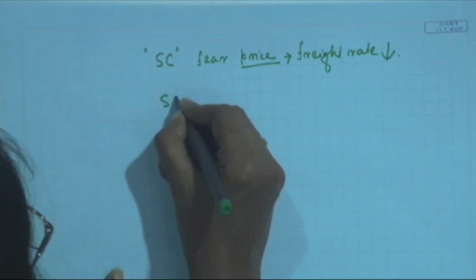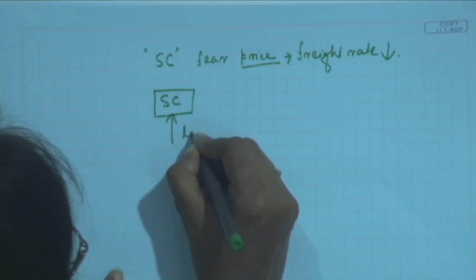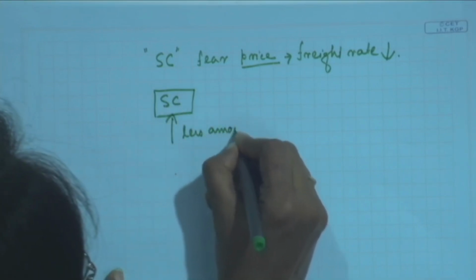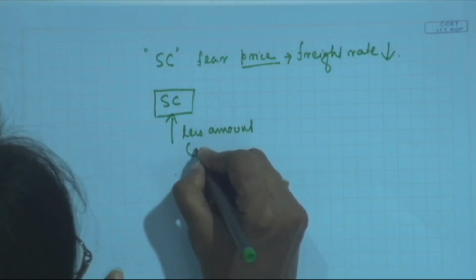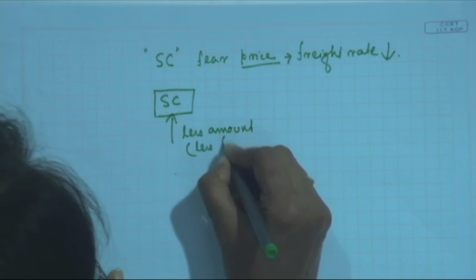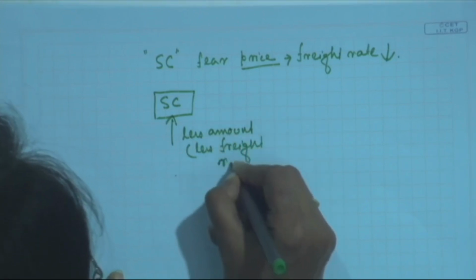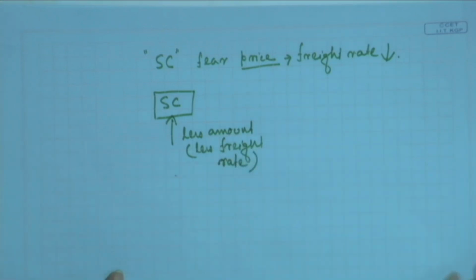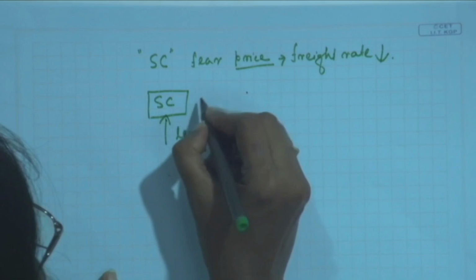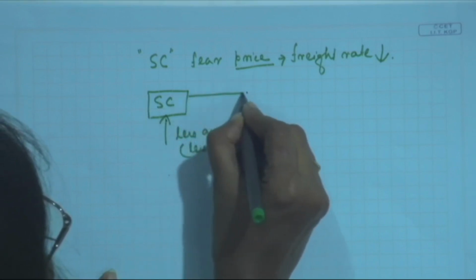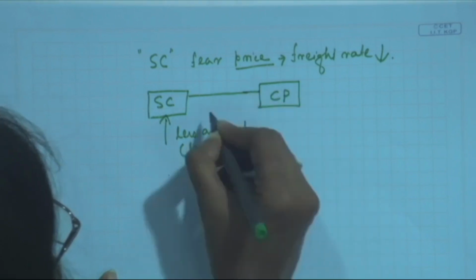So what is SC's fear? SC's fear is it will be receiving less amount. That is, the freight rate goes down, so a lower freight rate will prevail, and it will receive less freight rate. So how will he be able to mitigate this risk? Let's say we have a counterparty here.